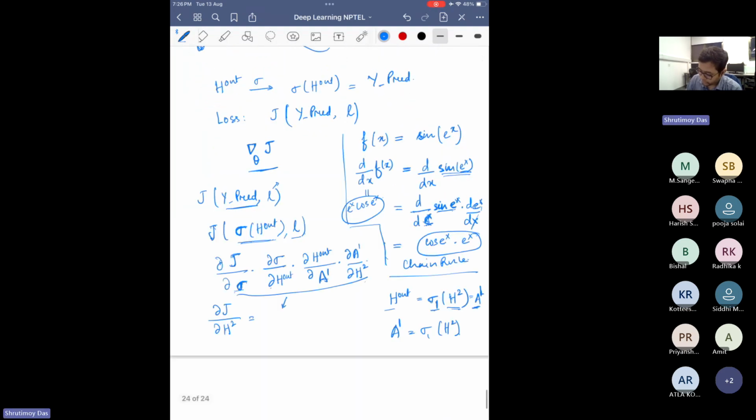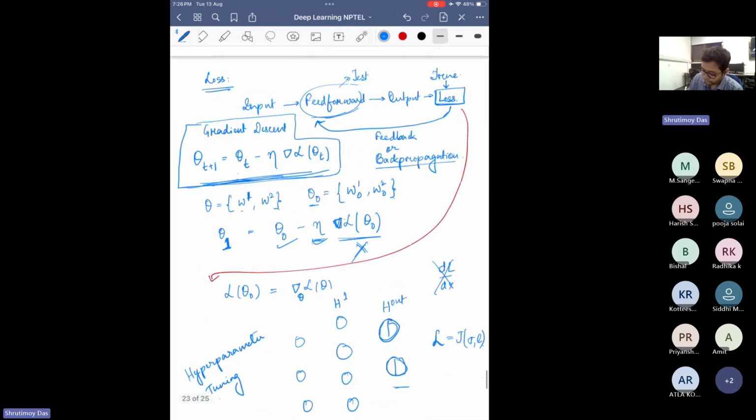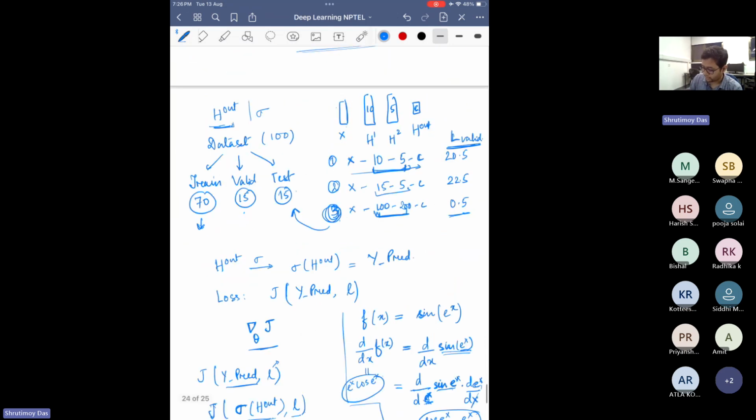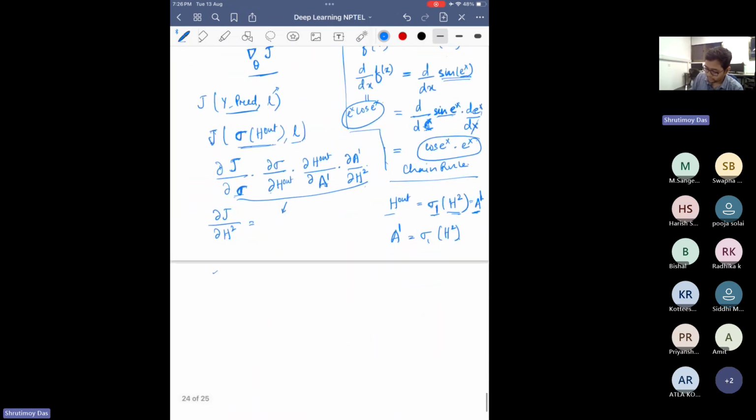So whenever you are trying to make this update step of the gradient descent, you will need the gradient of the loss with respect to different quantities. Say you will need something like the rate of change of the loss with respect to W2.